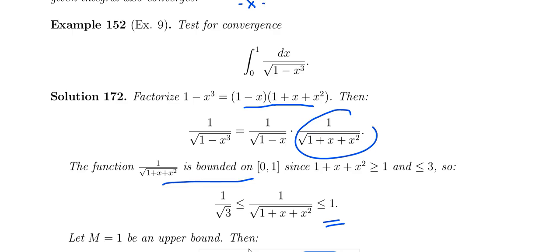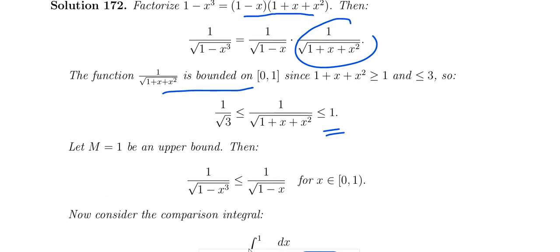Since a root comes here, root 3 comes; take the square root and then the reciprocal, and we get the result. So m equal to 1 is an upper bound.